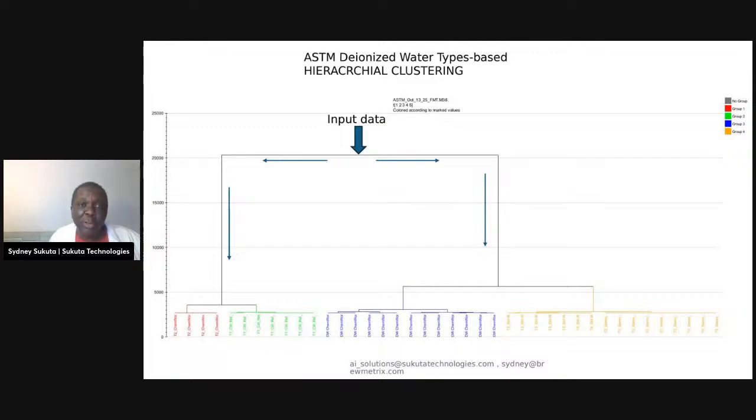The data comes in and we do a calculation here, and it finds that type 1 and type 2 ASTM water are very similar compared to type 2 and distilled water. So this is like a one-dimensional view. It's not very clear, but I just want to throw something else in here.